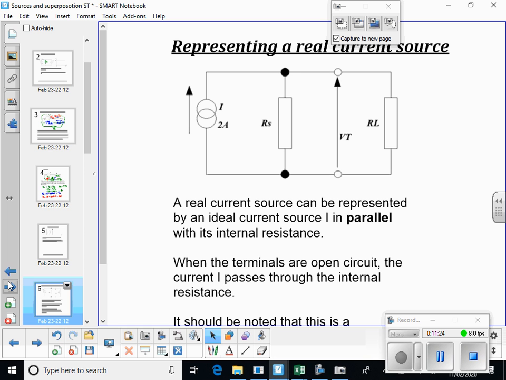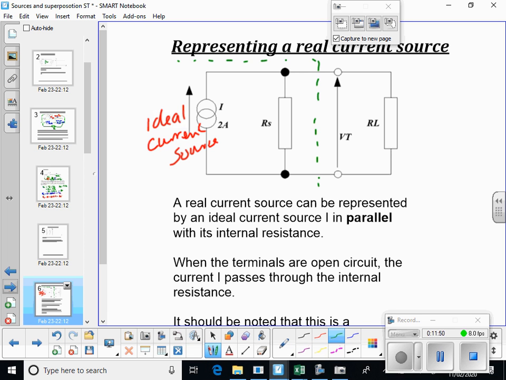So how do we represent a real current source? We represent it by having an ideal current source like so, in parallel with its internal resistance RS. So this, with its terminals, is a representation of a real current source.